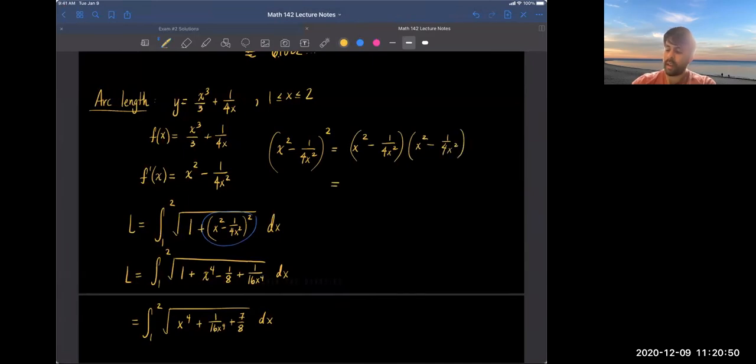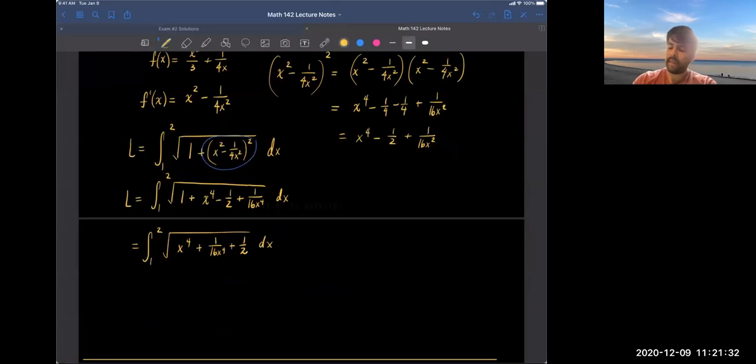So when I square it, I get x to the 4th, then I get minus a 4th, then minus a 4th, then plus 1/16 x squared. And then I get x to the 4th minus a half plus 1/16 x squared. And if I put this inside, this inside here should be a 1/2 instead. And then this should be a plus a half, right? Because 1 minus a half is plus a half. So that's what I get.